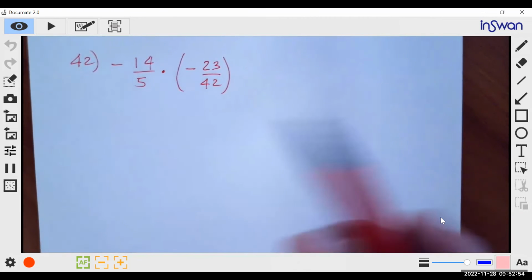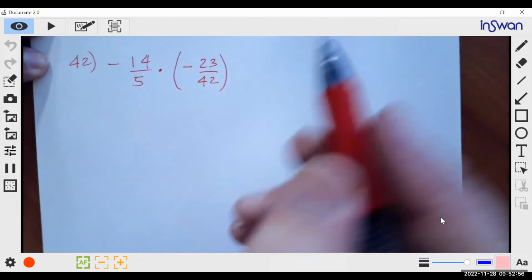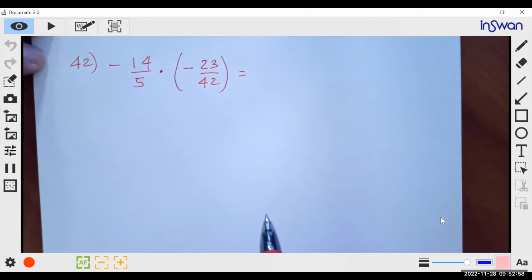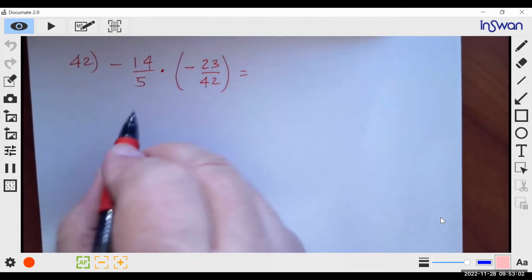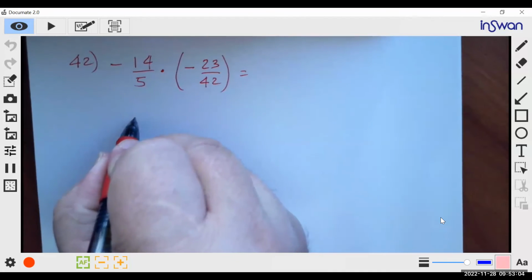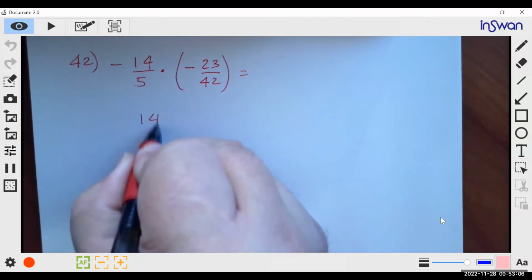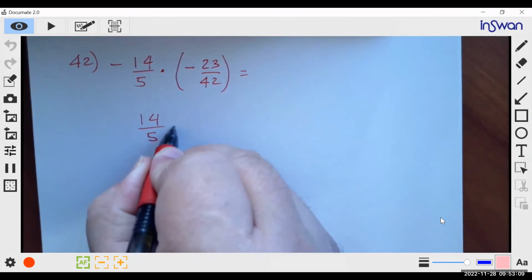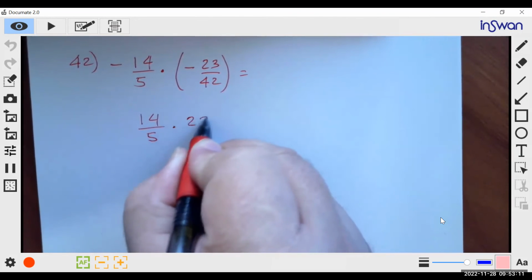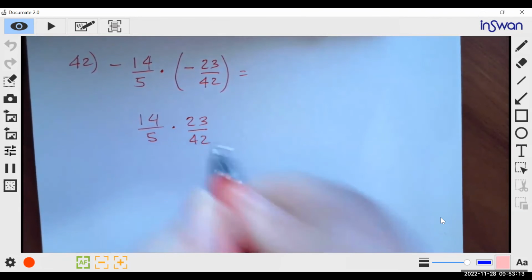Negative times negative is positive. So we know that the answer is going to be positive. So we don't have to worry about the signs anymore. So we have 14 over 5 times 23 over 42.